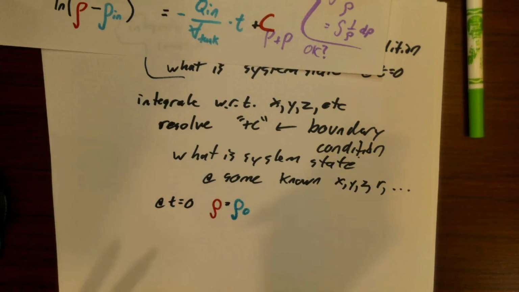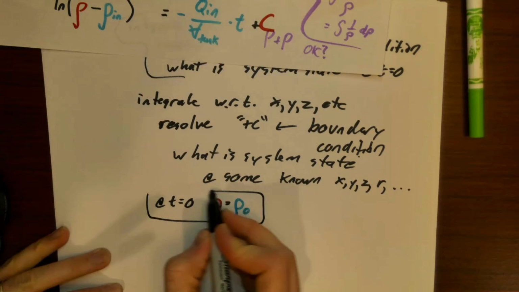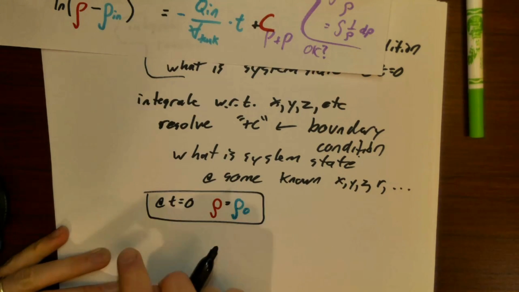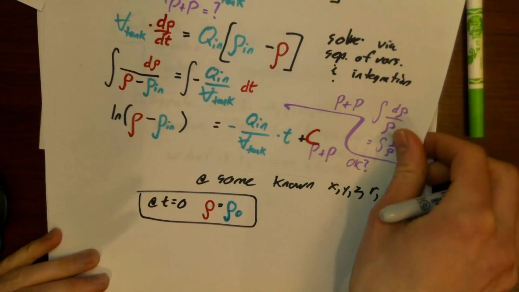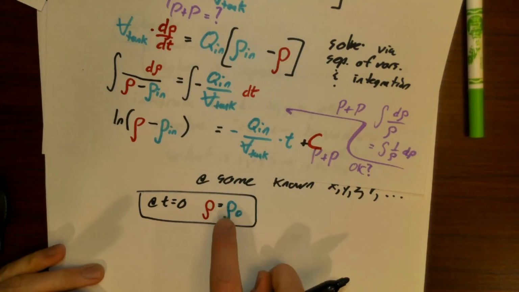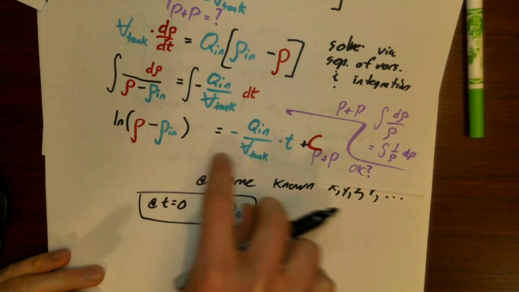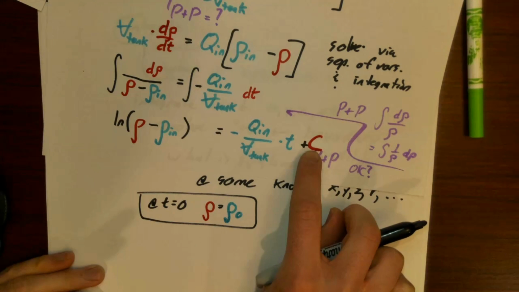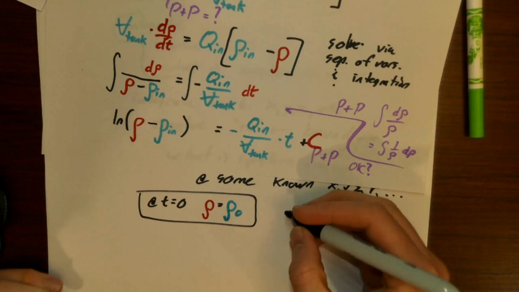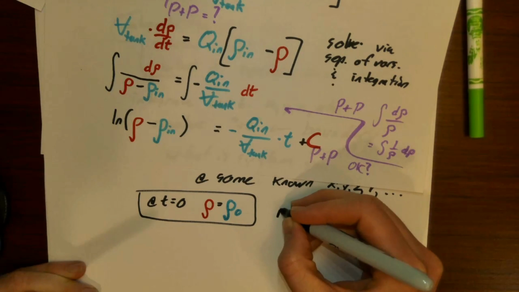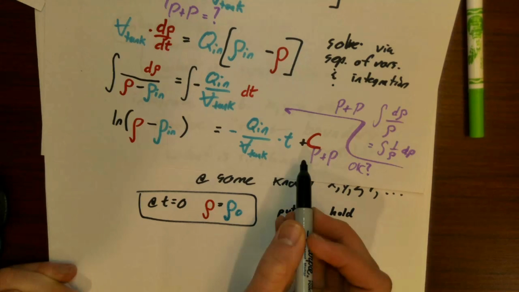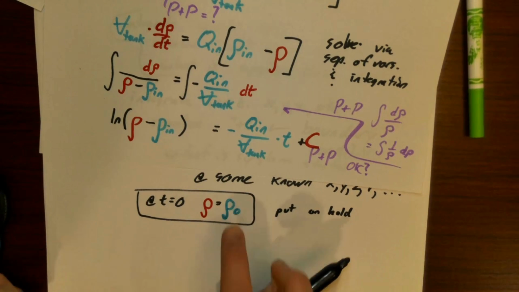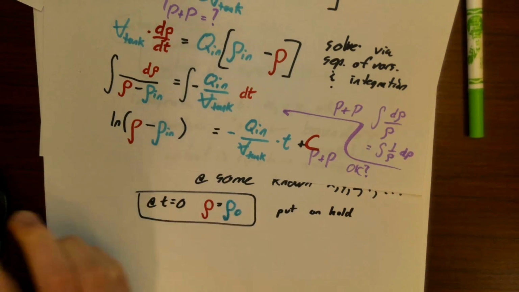So the process is then we take this boundary condition, or I guess in this case it's an initial condition, and we sub the particular values of t and the particular values of rho into this equation to help us resolve this as of yet unknown constant. But I'm going to put this on hold and do a little bit of algebra on this before trying to get to this result. So hang tight.